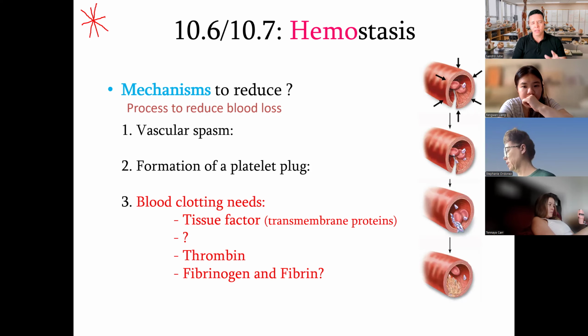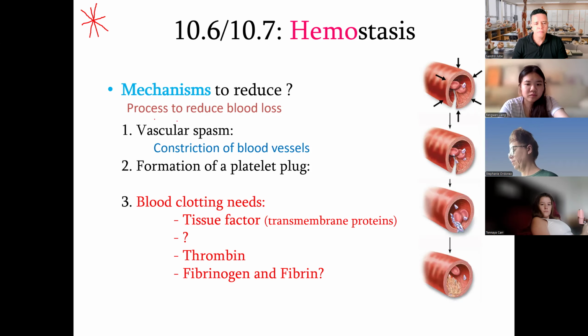Now, let's say you are cooking in the kitchen, and you take a knife and you accidentally slice your finger. Immediately, you're going to start bleeding, right? As soon as you start bleeding and you damage the blood vessel, we're going to have something called vascular spasm. What is vascular spasm?